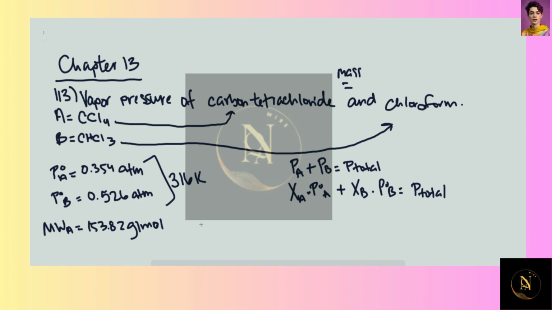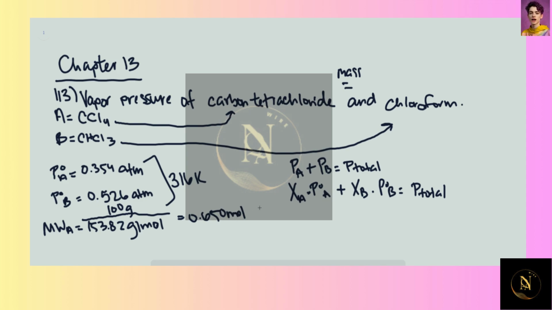If we call each of these masses 100 grams, we can divide 100 grams by the molecular weight of carbon tetrachloride to figure out how many moles of this particular liquid we have.